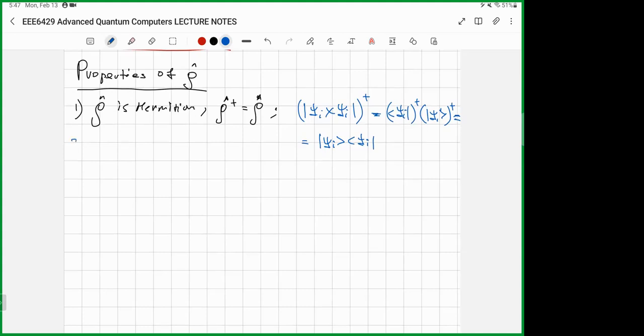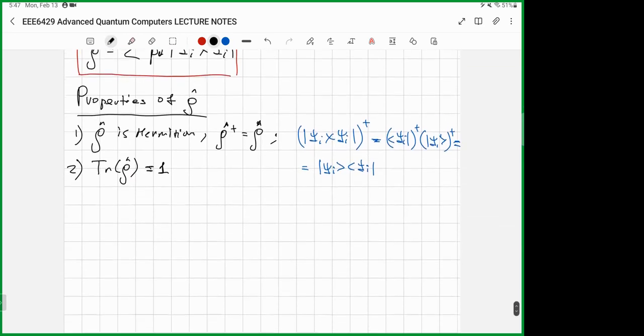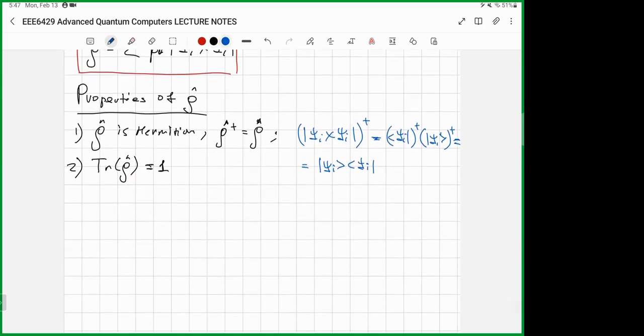So the next property is that the trace of the density operator is always equal to 1. Let's check that. So the trace of operator rho is nothing but, let me write this rho operator here.